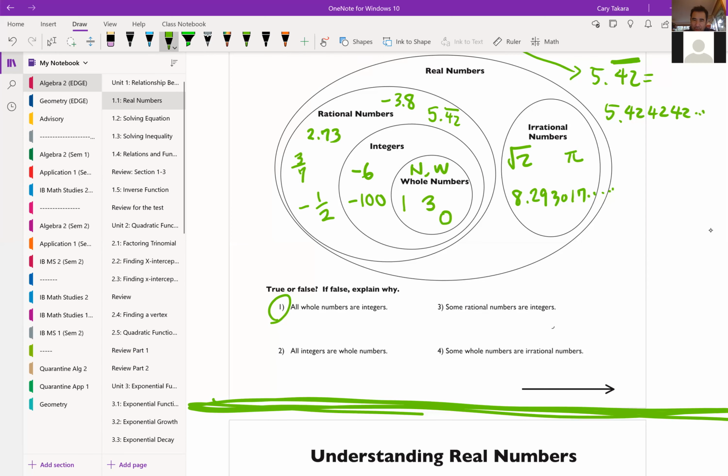Are all whole numbers inside, do whole numbers belong in integer circles? And it does, doesn't it? Doesn't whole number circle inside integer circle? Yeah. That means all whole numbers are integers. That's true.